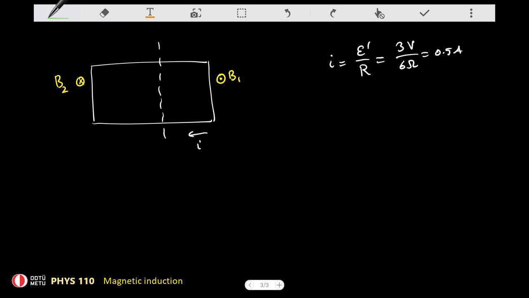So the force, let me call it F1, is going to be equal to the current multiplied with that length crossed with the magnetic field in there. So the length vector is pointing downward. Magnetic field is towards us. So by the right-hand rule, this F1 force would be leftward.